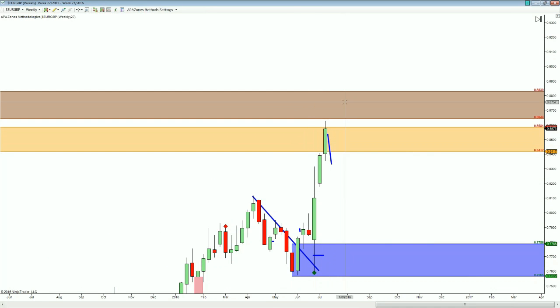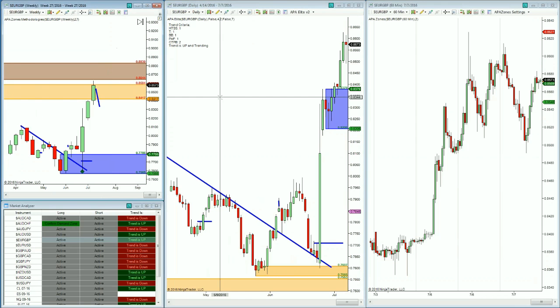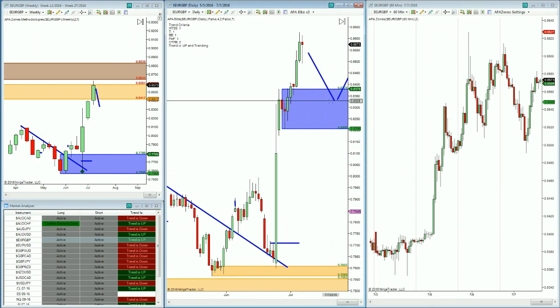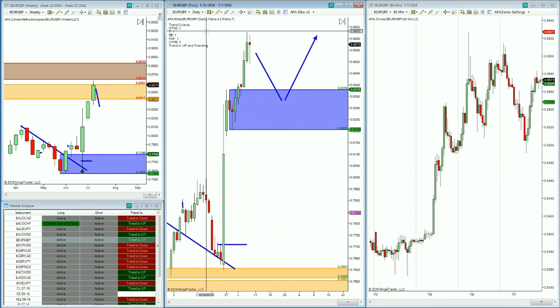And then we have the brown zone above that. Okay, so we're going to be looking for that, and for price to bounce off of the brown level, which may give us the nice little retracement to this blue zone that we have here on the daily and help us get into the trend move to the upside.